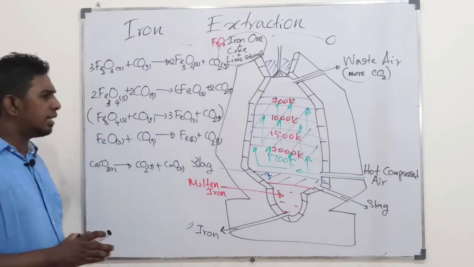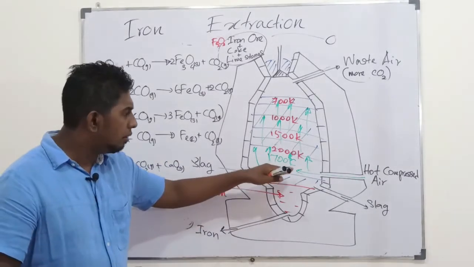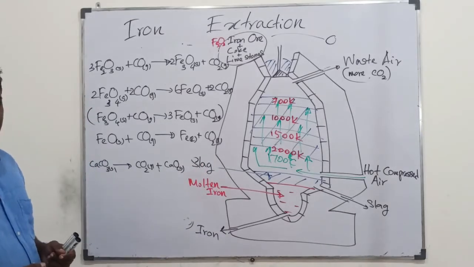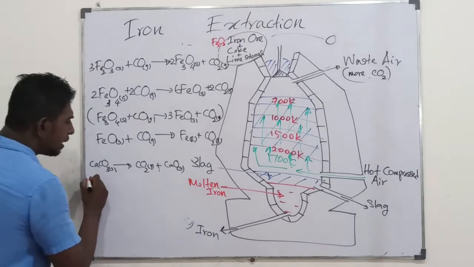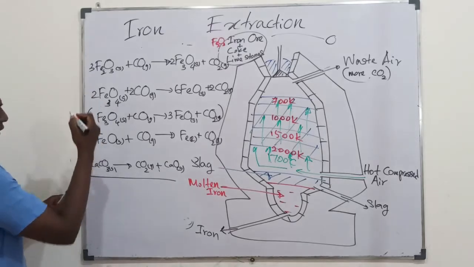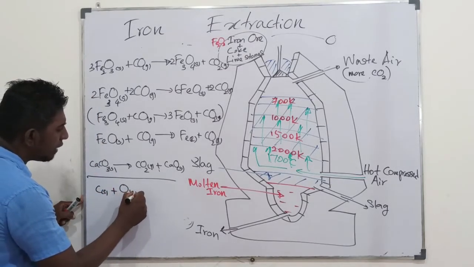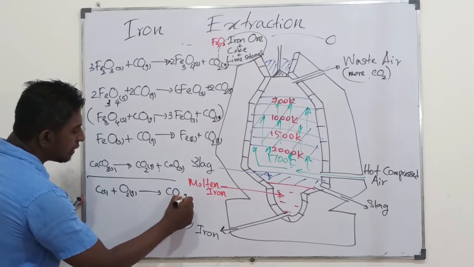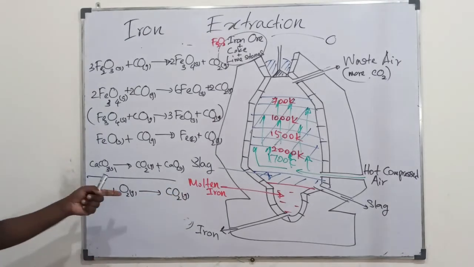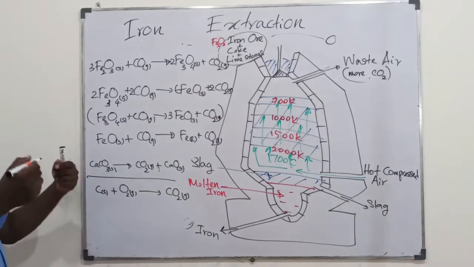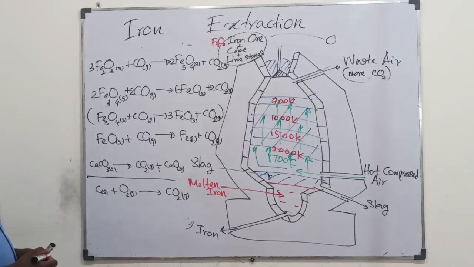Anyway, at the bottom, having this high temperature, the reactions that could take place there are, once coke could be burned in O2 giving carbon dioxide. It's an exothermic reaction, it provides the required temperature, or it maintains the temperature at the bottom at a high value.